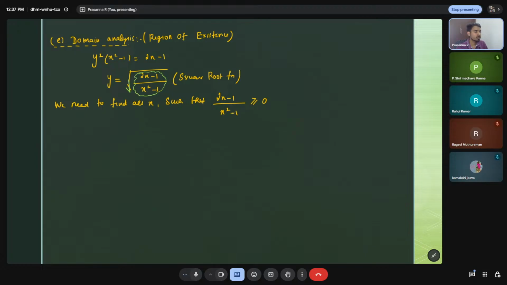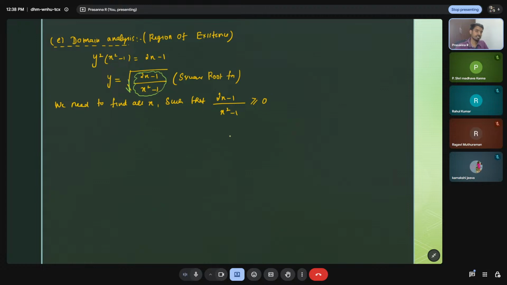If this term has no 0, you can bring this term here. You should not multiply x square minus 1 with this side. This is an inequality. If it is an equality, you can do it. If it is an inequality, you should not do it, right?